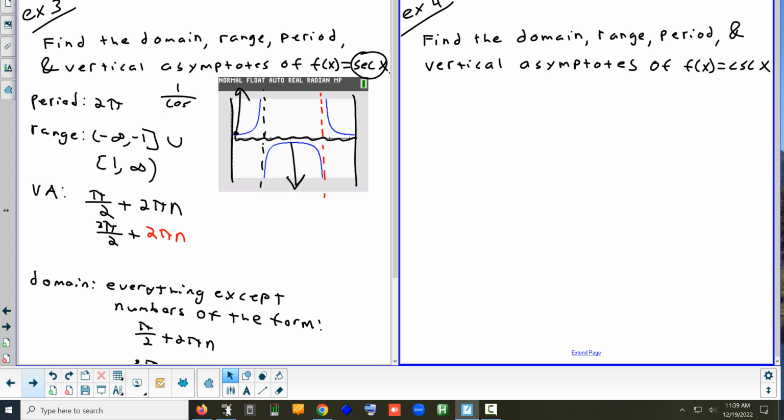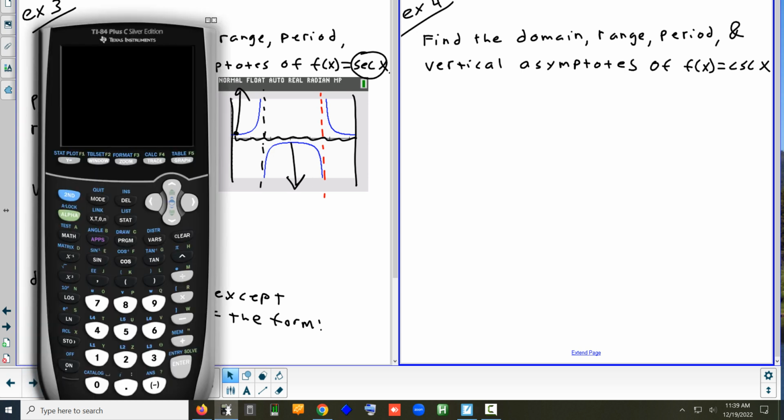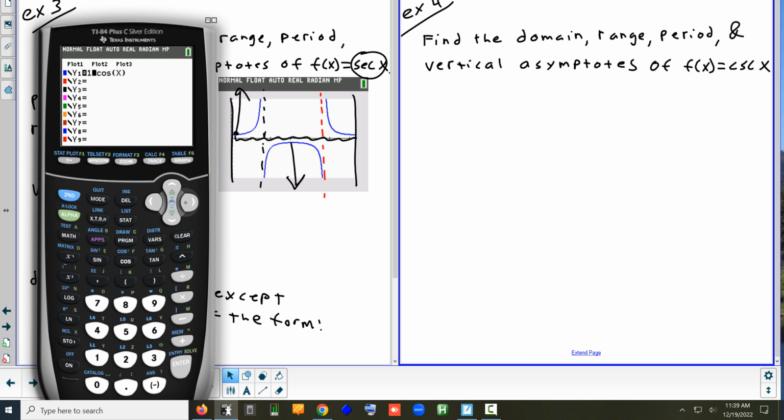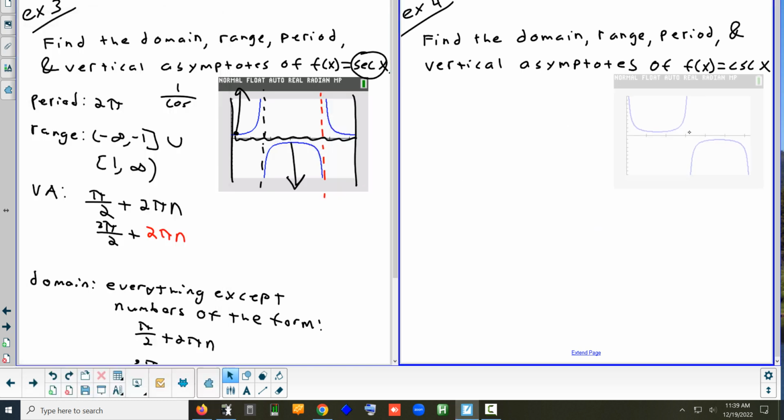Now let's look at cosecant. How would I put that in on the calculator? The answers here are going to be almost identical, except for one of them. But I think everything else should be the same. Okay, so there's 0 to 2 pi.